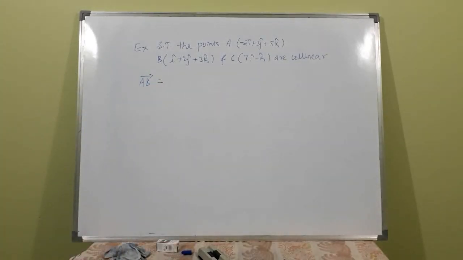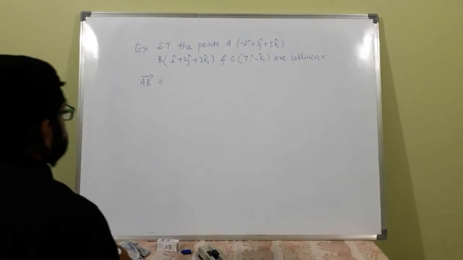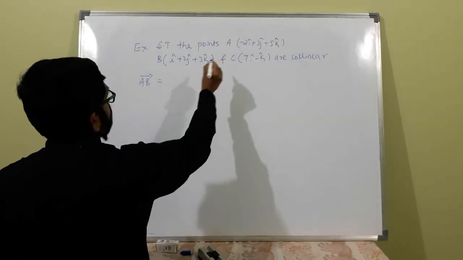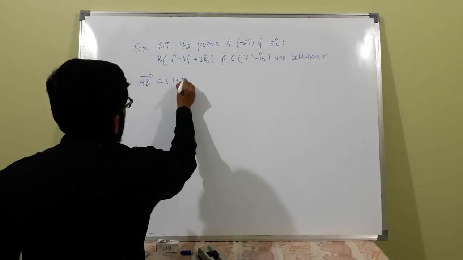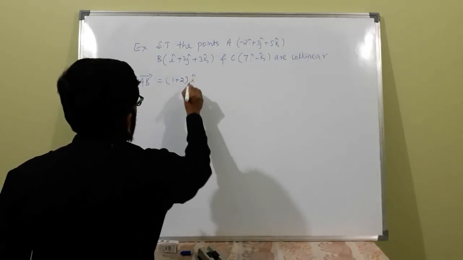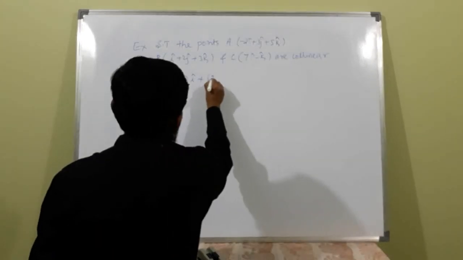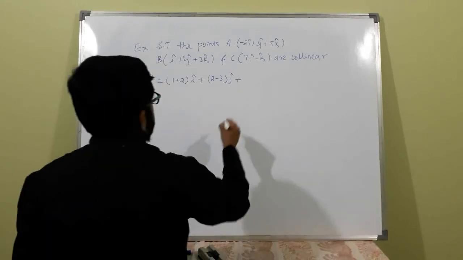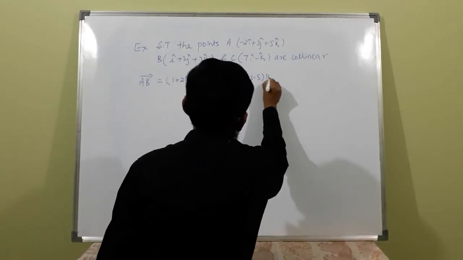Yesterday in the earlier video you studied that for PQ, it is x2 minus x1 i, and so on. So x2 minus 1 minus of minus 2 i, plus 2 minus 3 j, plus 3 minus 5 k.